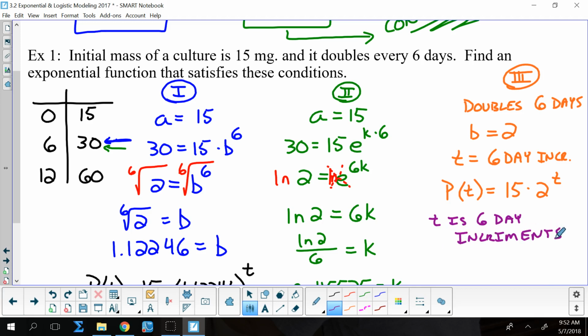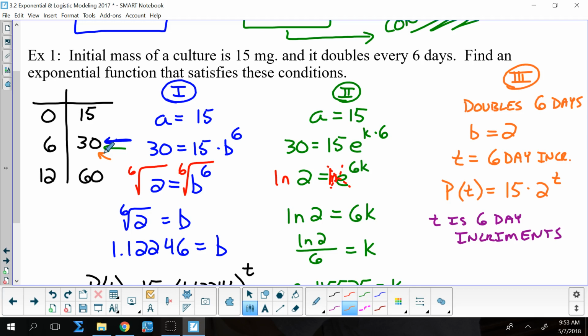Meaning, if I wanted to use this one, compared to the second one, I would have t equal to 1, not 6. If I put t equals 6 into that function, I'd get 72 days.